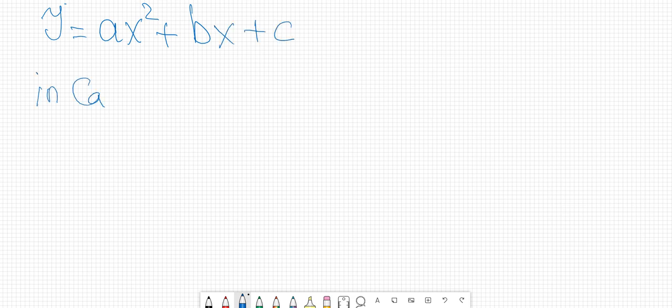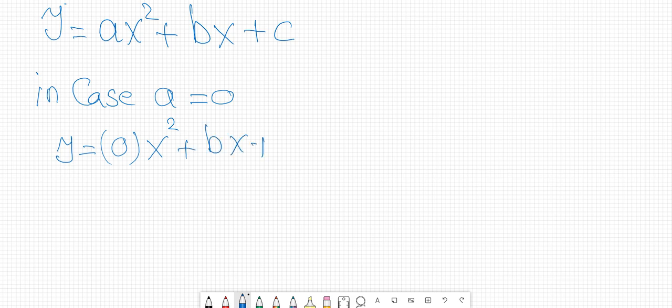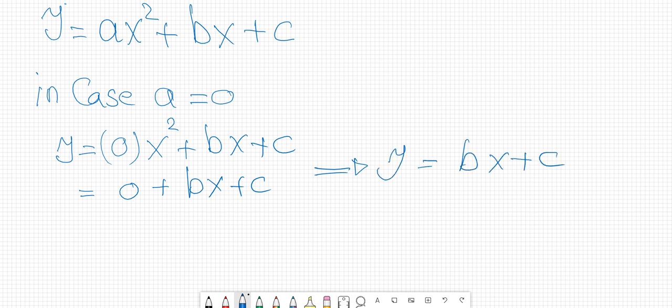If we put y equals a x squared plus b x plus c, in case a is equal to 0, the function turns into y equals 0 times x squared plus b x plus c, so it equals 0 plus b x plus c. We will get y equals b x plus c.